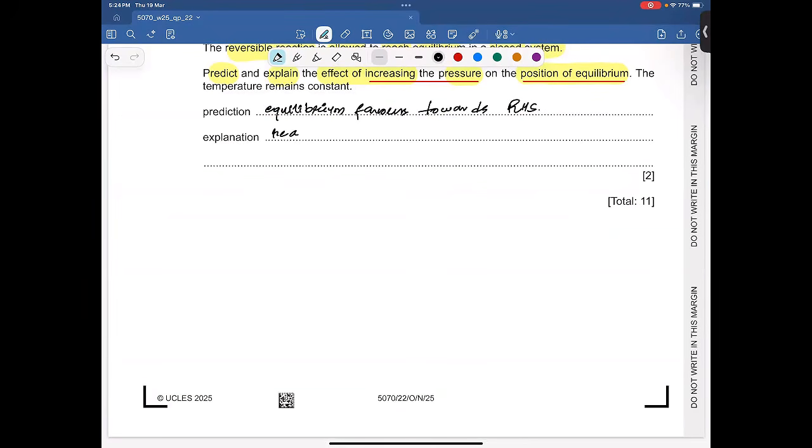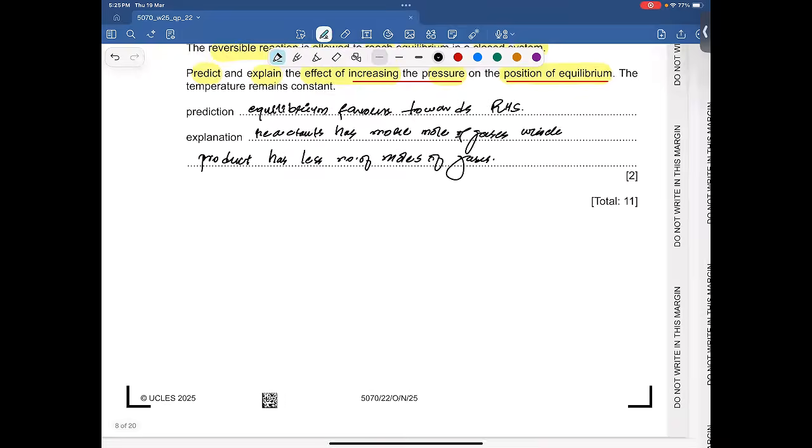Reactants have more moles of gases, while product has less number of moles of gases. All right. Let's move on to the next question.